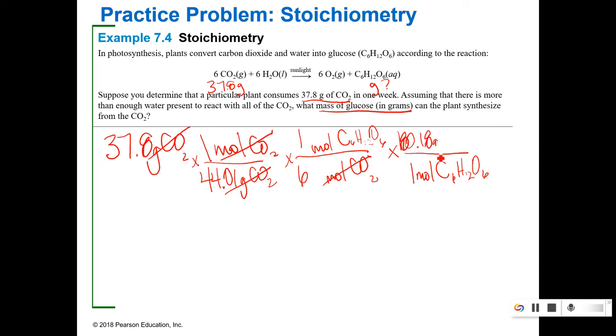Okay, our moles of glucose cancel. Then we do our math. Don't forget, if it's on bottom, divide by it. If it's on top, multiply it. So I get 25.8 grams of glucose.